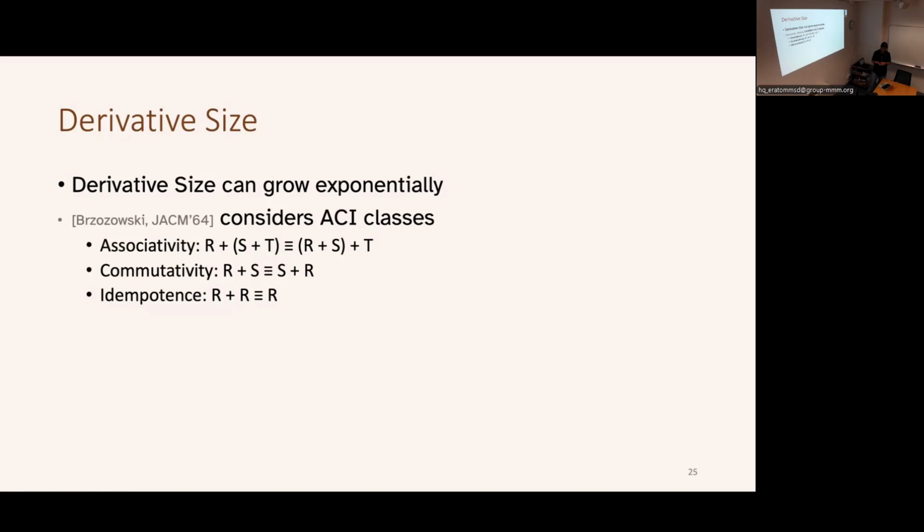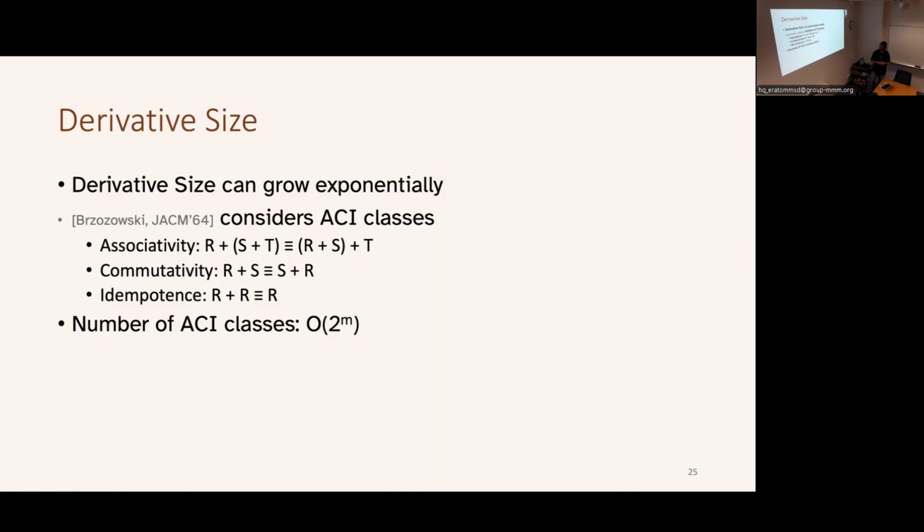And what Brzozowski observed is that when you quotient with respect to these three axioms, you get finitely many classes. There are exponentially many such classes, which is expected because in some sense these derivatives that we are computing let you form a DFA, so it is kind of expected for this to be exponential.